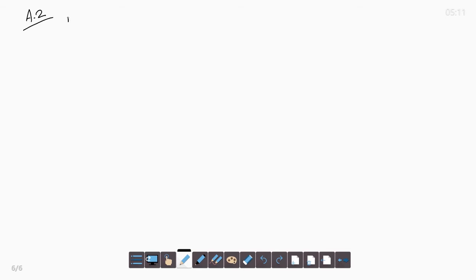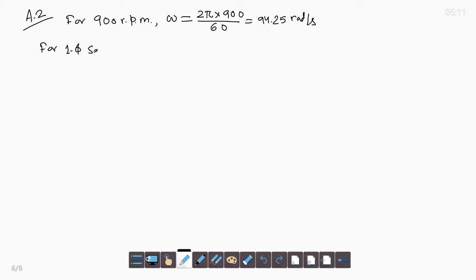So, for 900 rpm speed, which is motor's rated speed and the speed in the question, for n equals to 900 rpm, omega is 2 pi into 900 by 60, which is 94.25 radian per second.